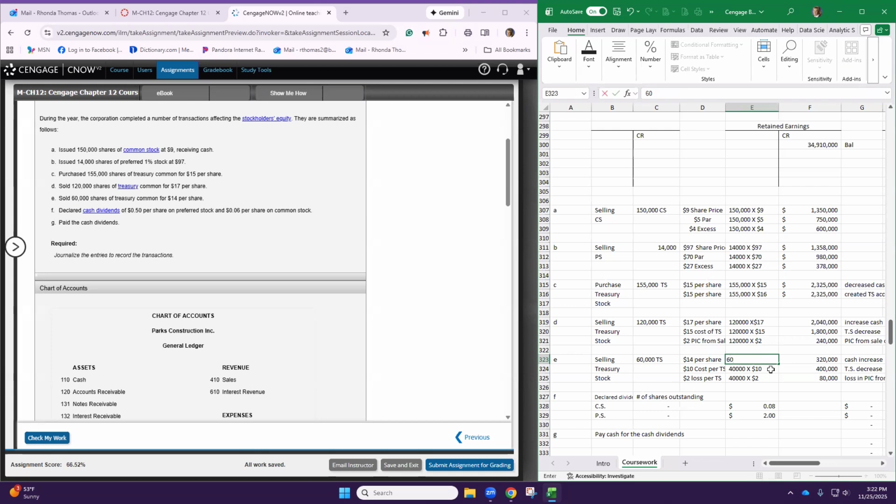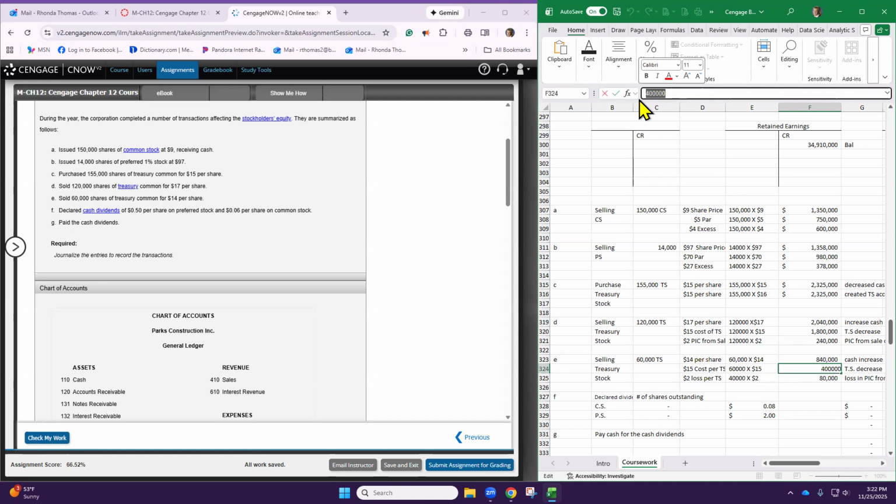So we've got 60,000 times 14. Okay, so that's how much cash is going to go up, equals 60,000 times 14. Okay, and then we purchased these shares for $15 each. So this wasn't exactly ideal. Okay, because we're actually losing some money.